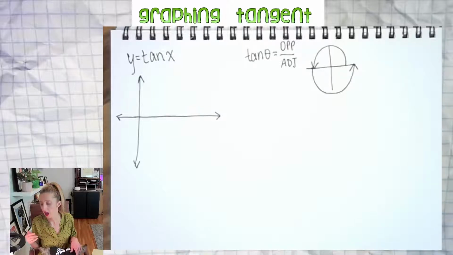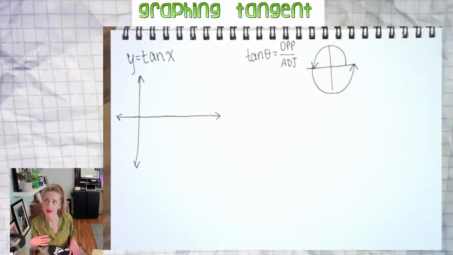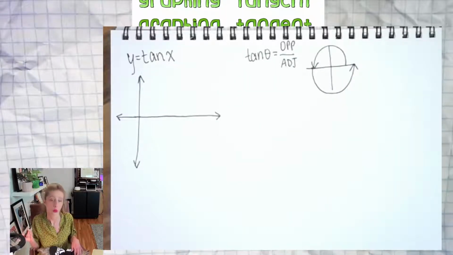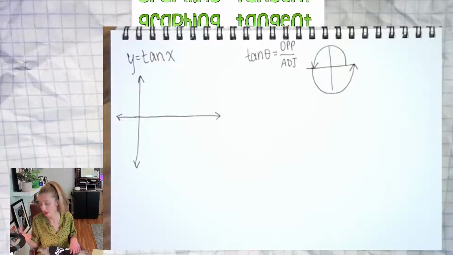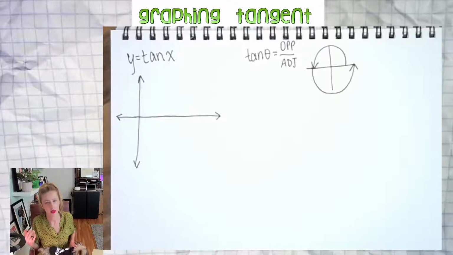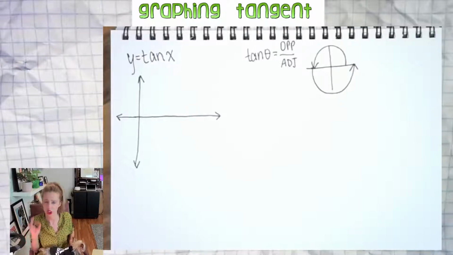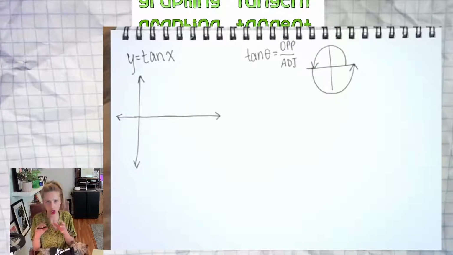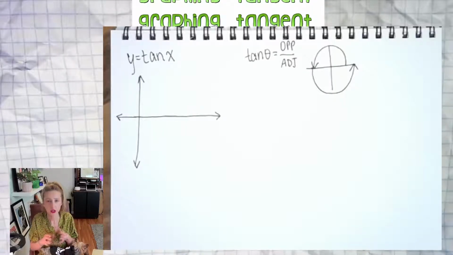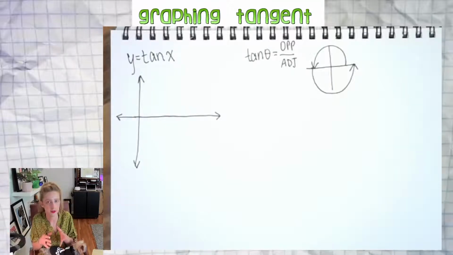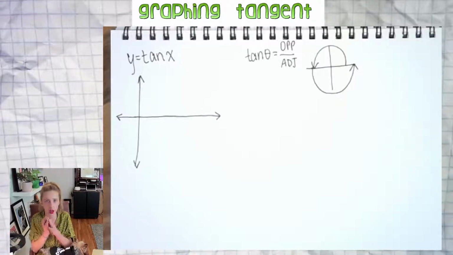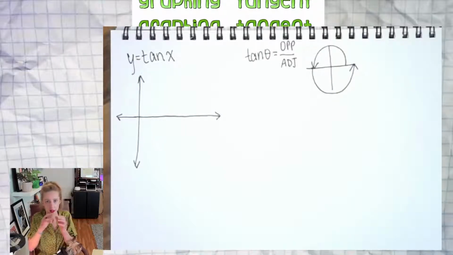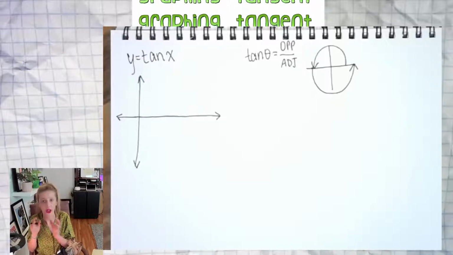And if the opposite is larger than the adjacent, top's bigger, well, now we're going to have numbers bigger than 1. And at 45 degrees, we're going to have answers equal to 1 because the opposite and the adjacent are equal. So 1 is where we cross over. 0 is usually where you cross over from negatives to positives, right? 1 is where you switch from fractions with a smaller opposite than adjacent to fractions with a bigger opposite than adjacent.